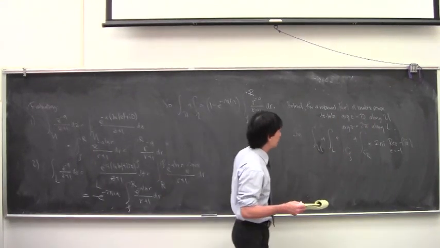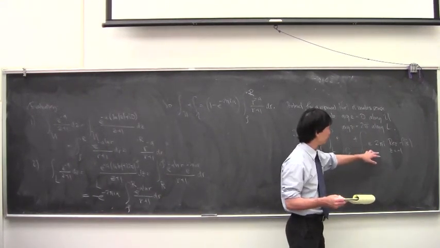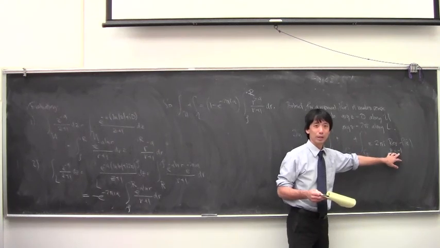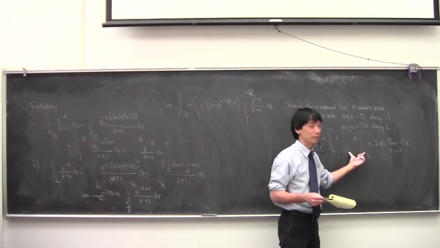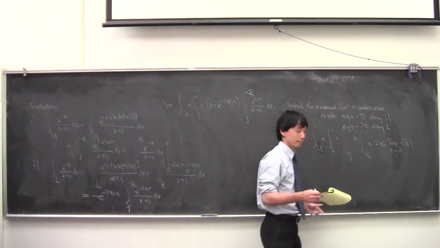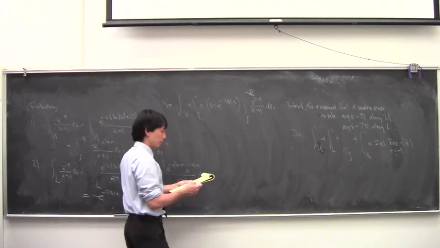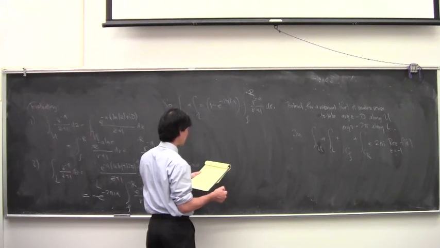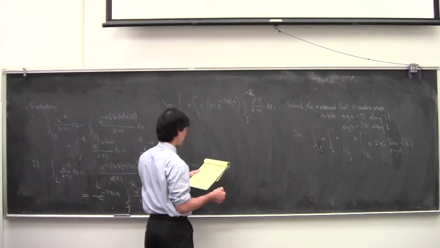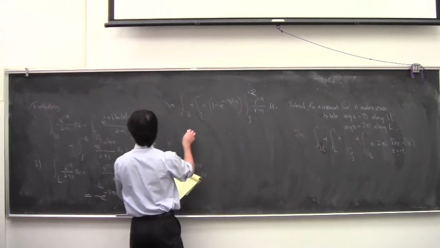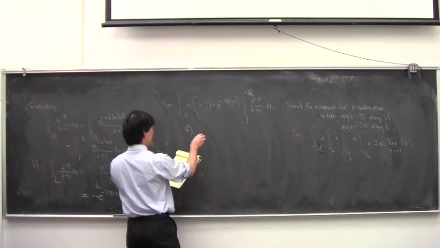Okay. So the other things we need to do are, you can guess, we're going to evaluate the residue, and we're going to show that these guys vanish. So number 3, we need to get the residue.